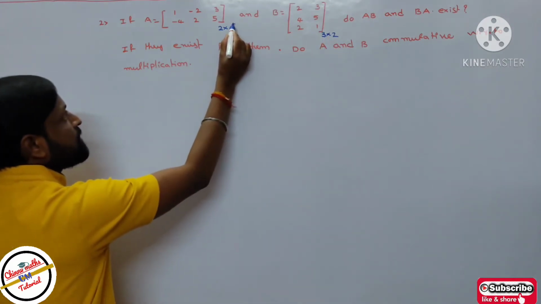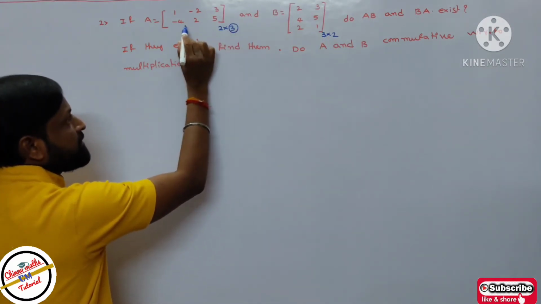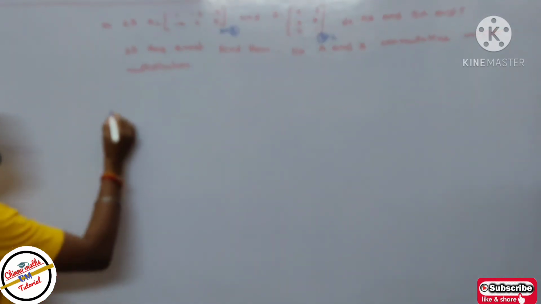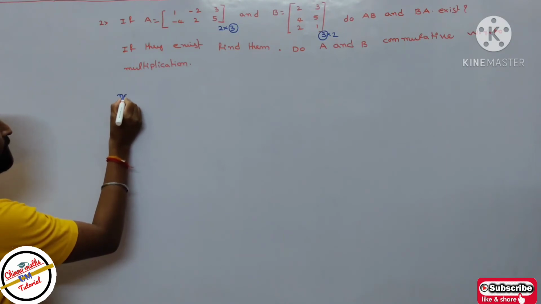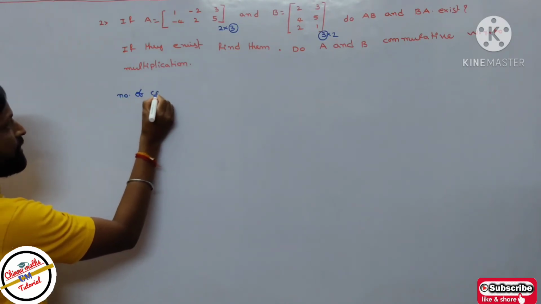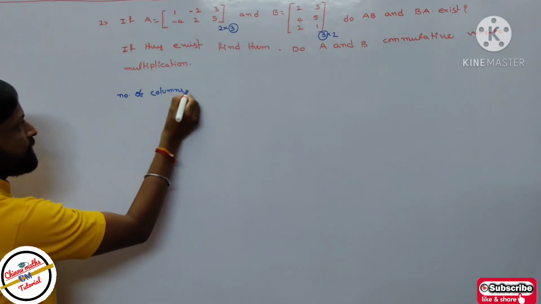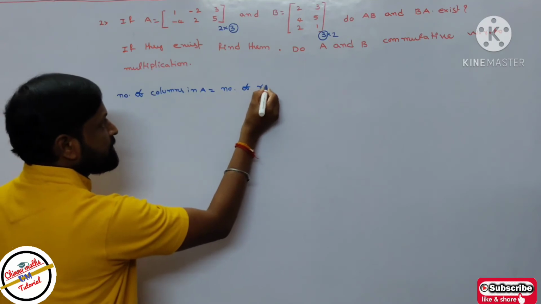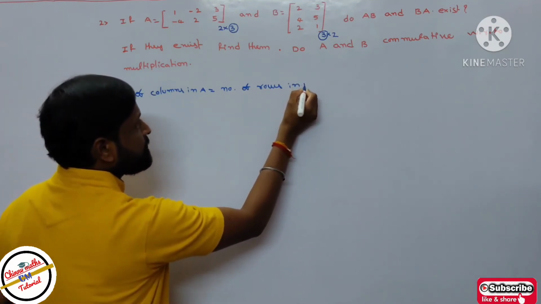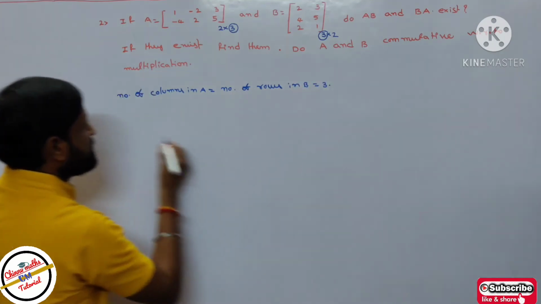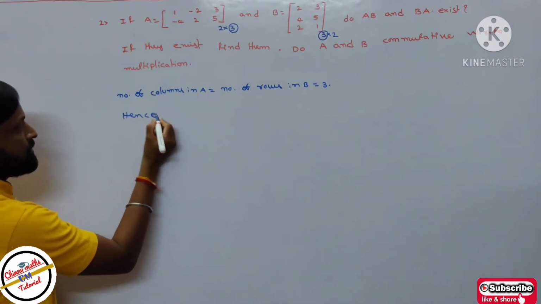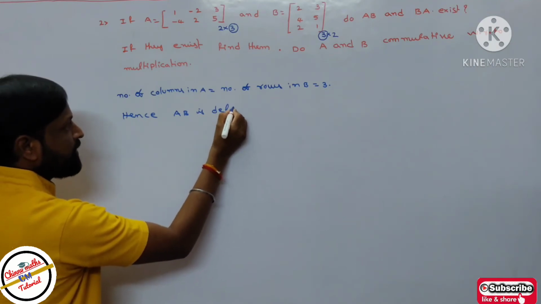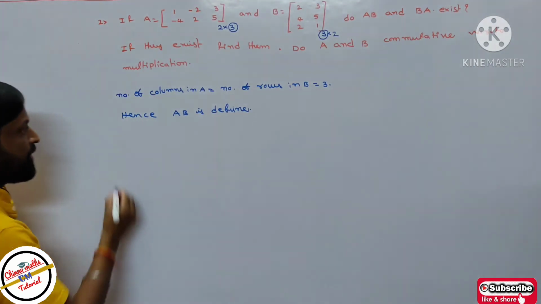See here, the number of columns in A equals the number of rows in B, which is 3. Hence the product AB is defined. So then you can find the product of AB.